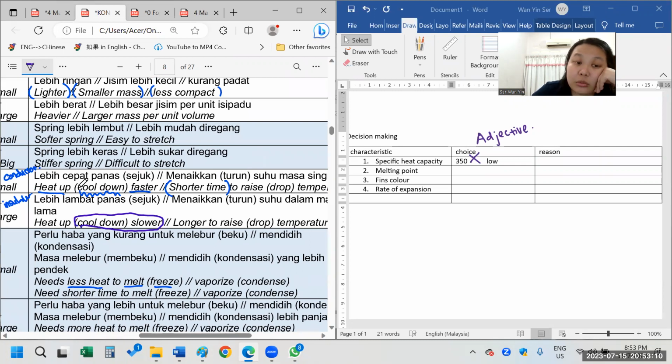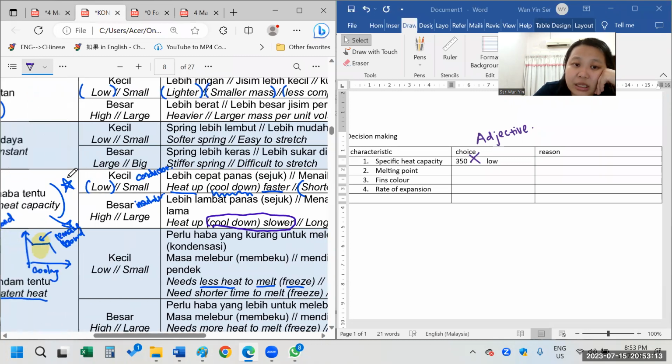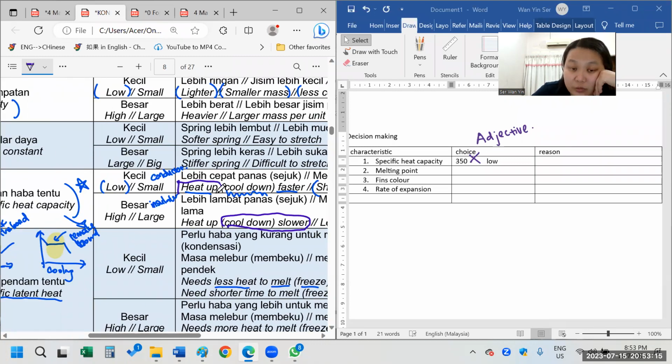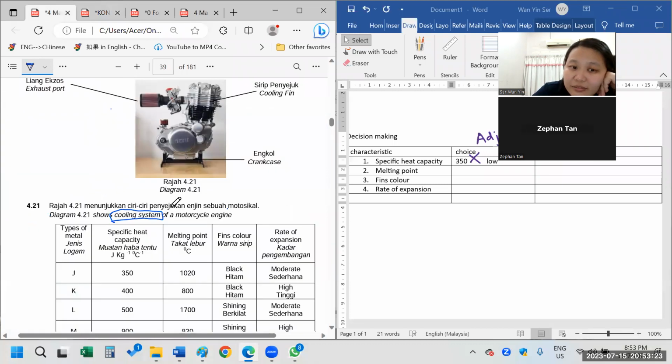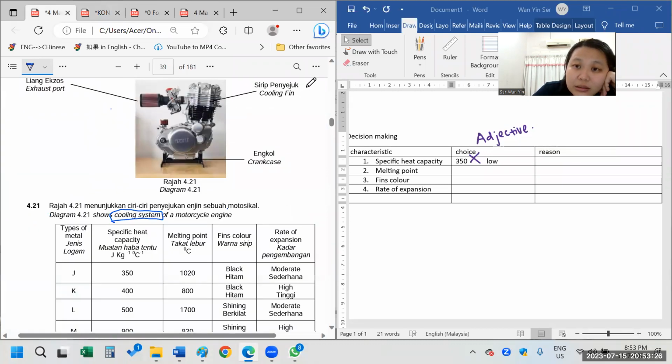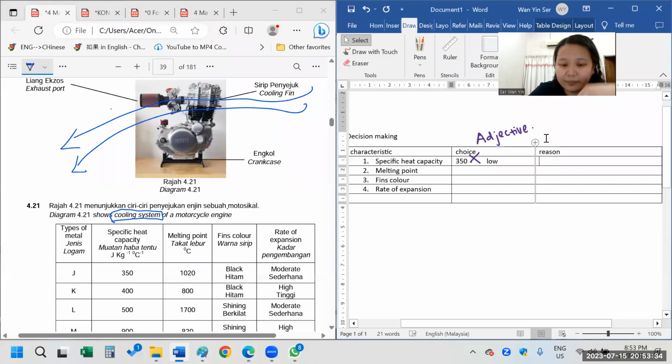So actually we want low specific heat capacity, heat up faster of course, but cool down also faster. Okay, so how does it work? Actually it's the wind will flow through it. So low specific capacity actually can heat up or cool down. They want cooling so cool faster.